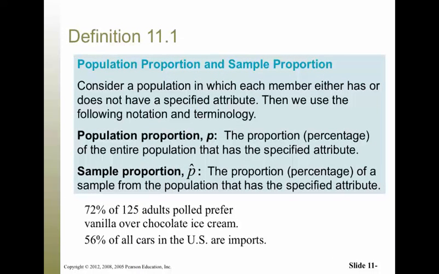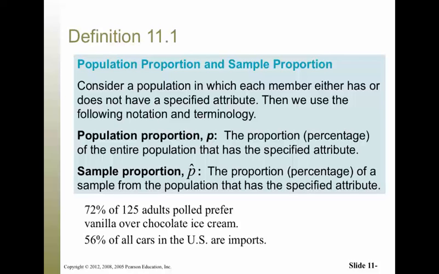So the idea here is each member of a population either has or doesn't have a specified attribute. The population proportion is the proportion or percentage of the entire population that has the specified attribute. So just P means the percentage of items in the population that have the attribute.